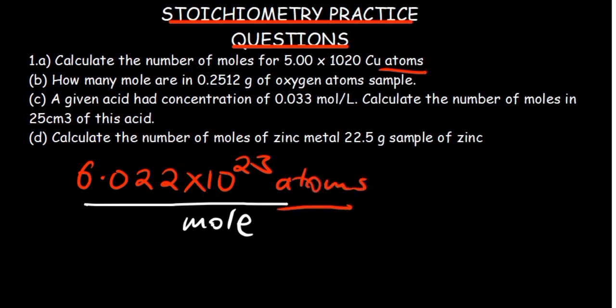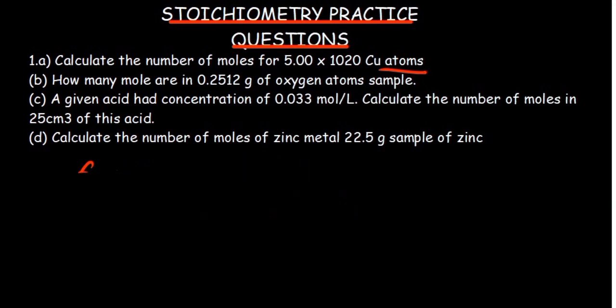Now the question is asking us to determine the number of moles for that number of atoms. Since we're interested in determining the mole, we can use Avogadro's constant as a reciprocal.